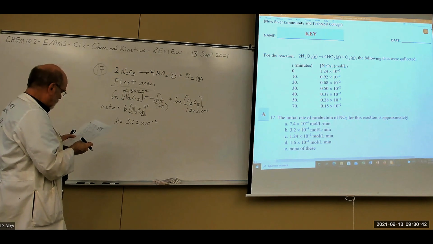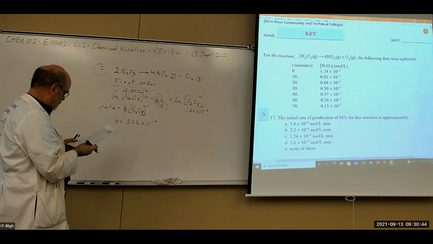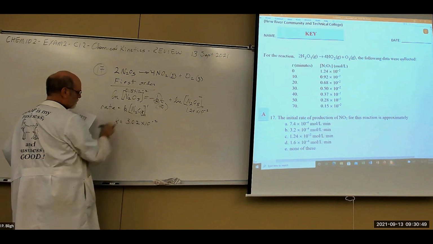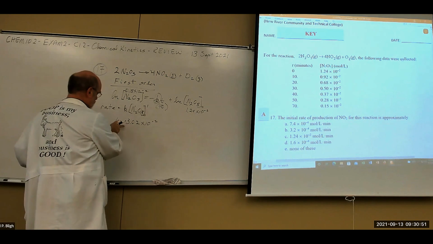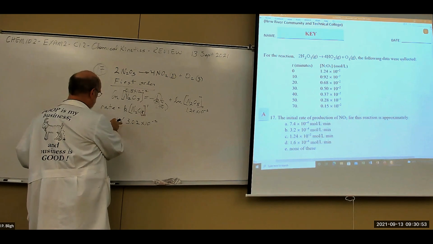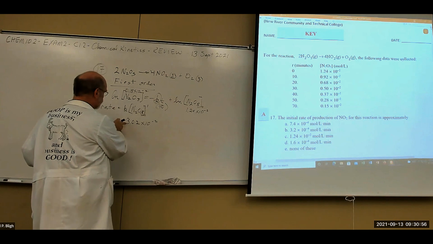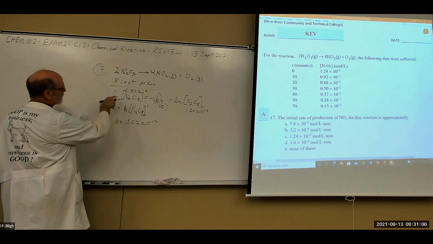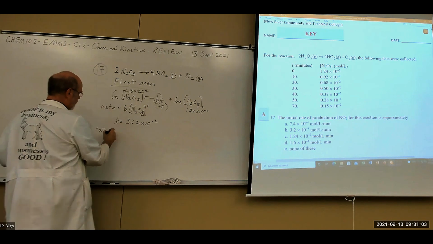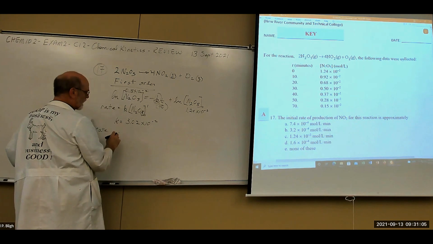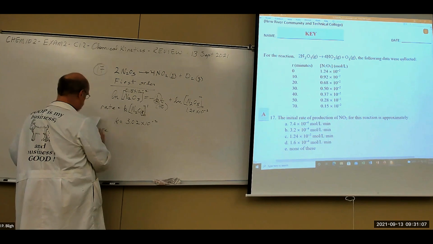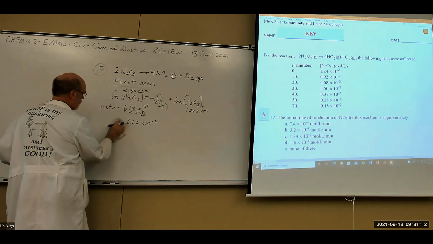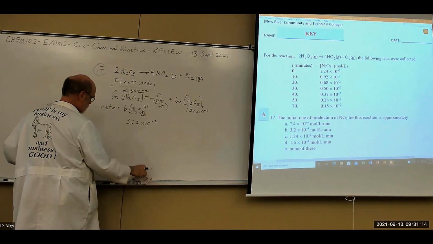So if we write the rate law in terms of this value, what is the rate at the beginning? The rate of disappearance of N2O5 is equal to k, whatever the k is, which is this one. Let me just do it this way.